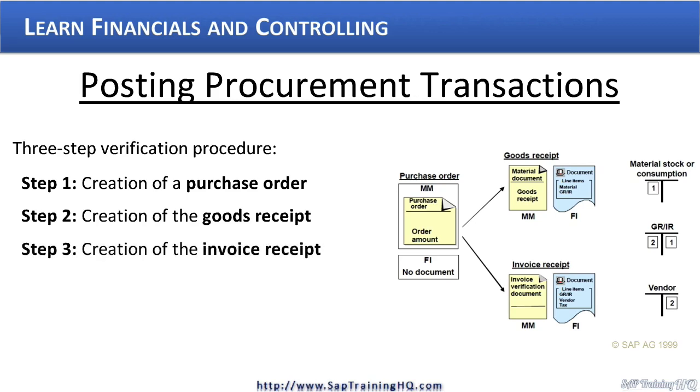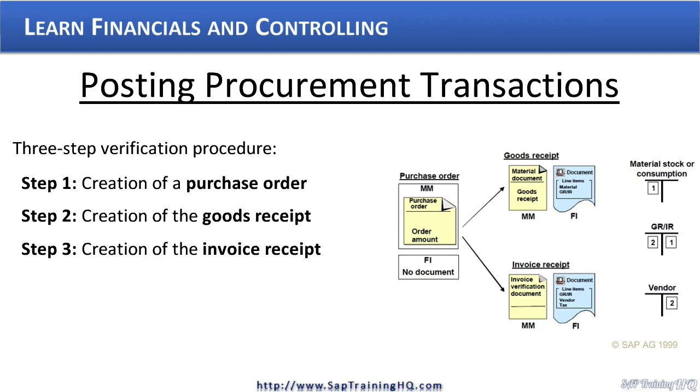The third and final step in this three-step verification procedure involves the creation of the invoice receipt. The vendor invoice is posted in Materials Management, which automatically creates a document in financial accounting.